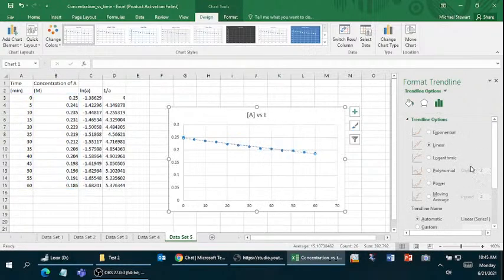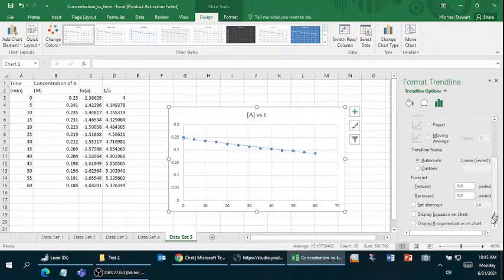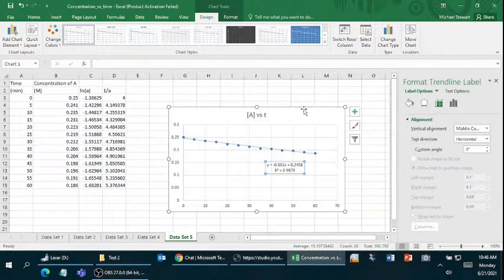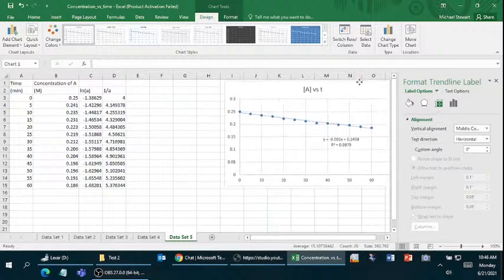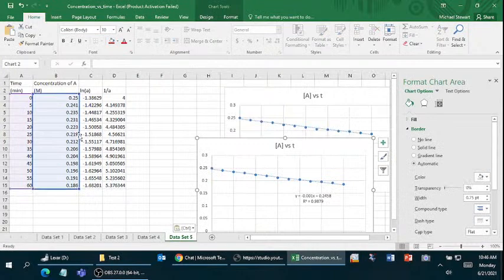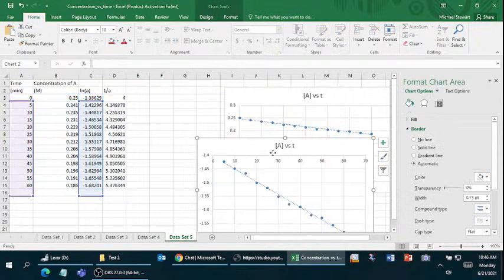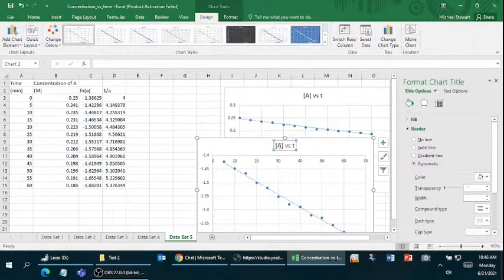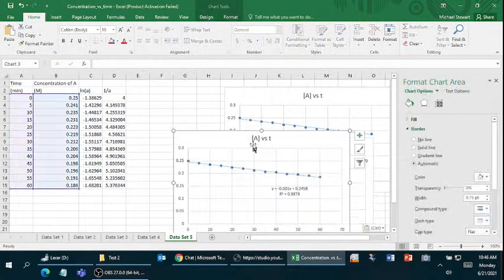And building to a point, okay. So let's say I create my 3 plots: concentration versus time, natural log of concentration versus time, and 1 over concentration versus time.